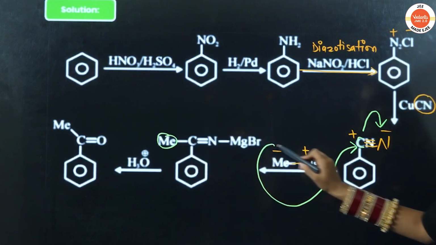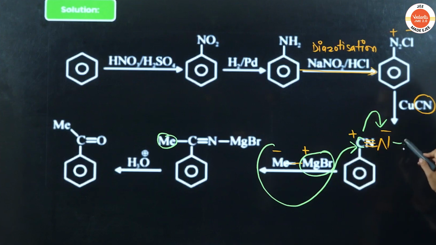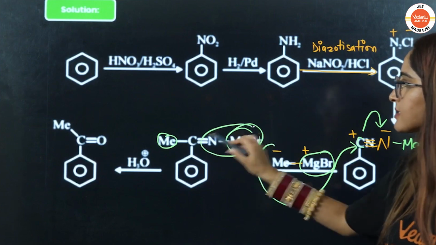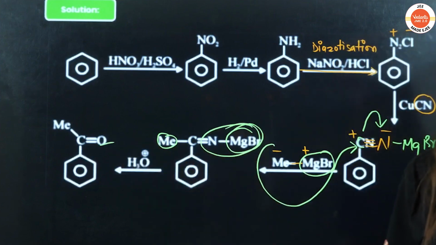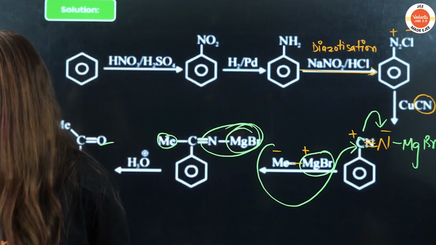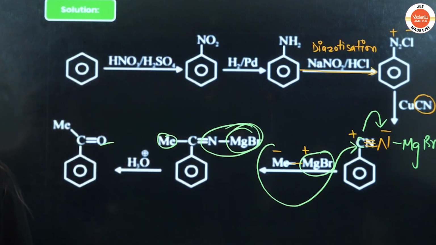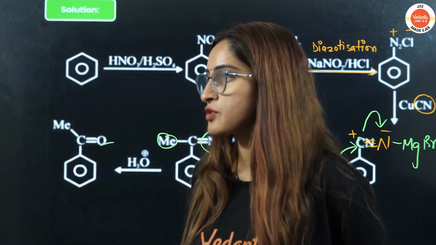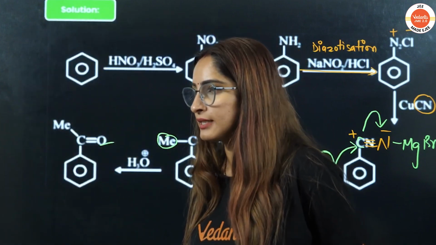Electrons will jump here, and this MgBr will get attached here. After the hydrolysis, this whole thing is getting converted to double bond O, and hence in the end you will have the formation of ketone. Okay? Is that clear to everybody or not? Students, is that clear or not?